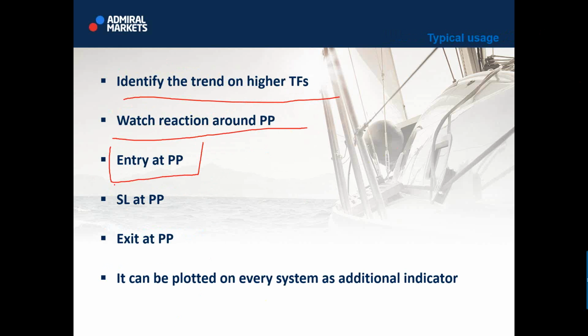We also place a stop loss somewhere around pivot points, then we exit our trades when they're close to pivot points. And the biggest advantage is that it doesn't matter which kind of system you use, it's always suitable on every single system. It can be plotted on every system as an additional indicator.